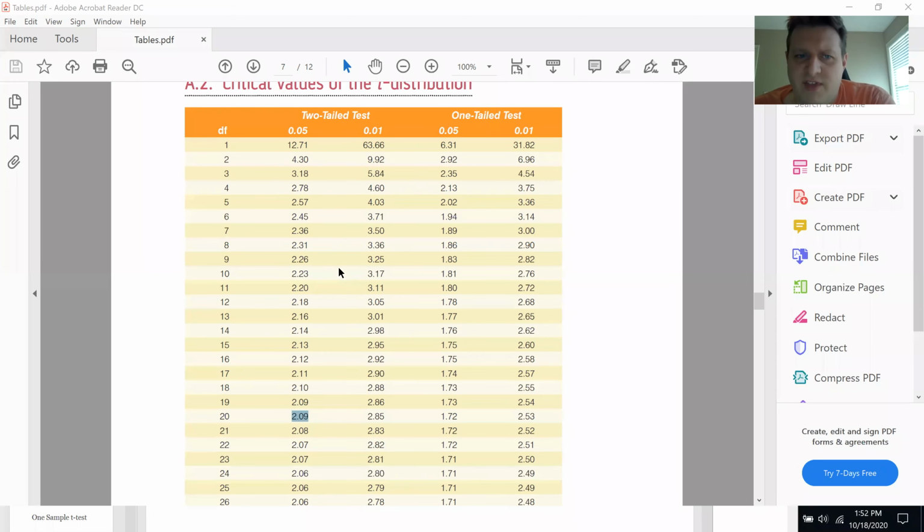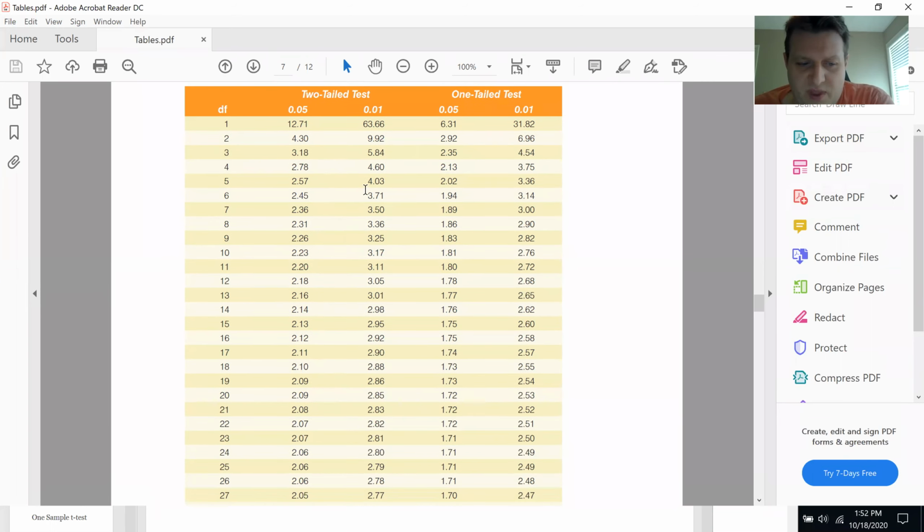Notice that as the degrees of freedom increase, the cutoff value gets closer and closer to what it would be under the one sample z-test. It starts off super large, and it's going to get closer and closer to 1.96. For the one-tailed test, it's going to get closer and closer to 1.645. That's the other value I got you to memorize.